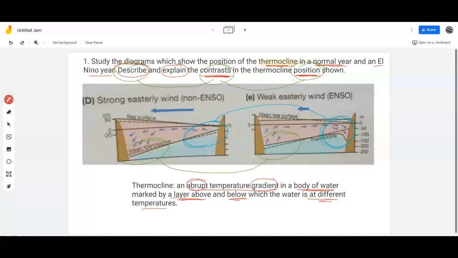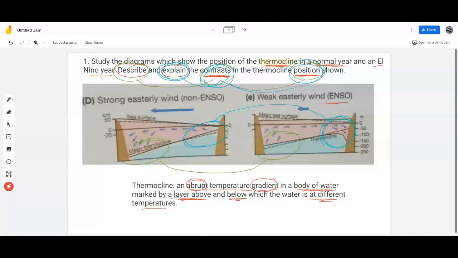The final part of the question then is to explain those contrasts in the position. Why is that the case? Well, we've already actually alluded to it at the start of the video. In a non-ENSO year, you've got your easterly trade winds here, which is causing the warm water to move to the west, causing a build-up of warm water here, causing it to be slightly deeper, and a deficit of warm water here, causing it to be slightly shallower.